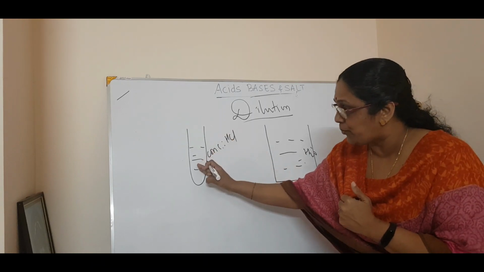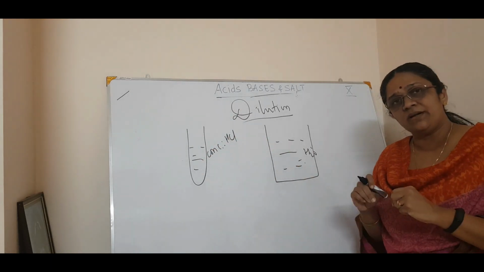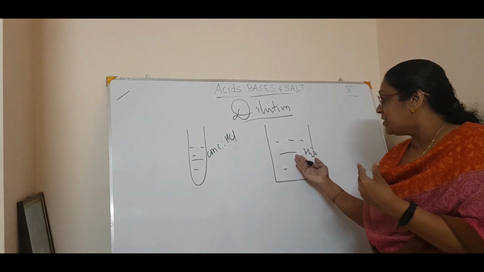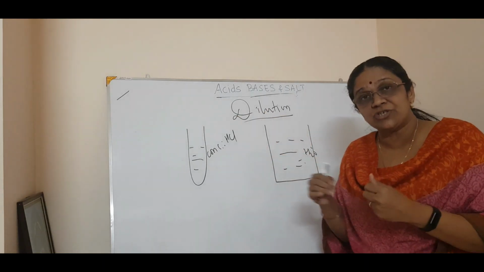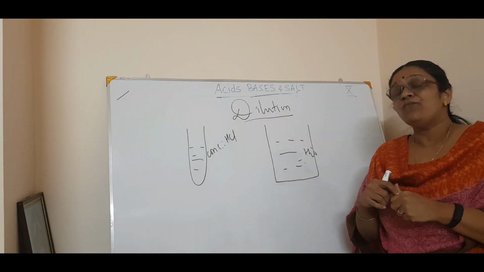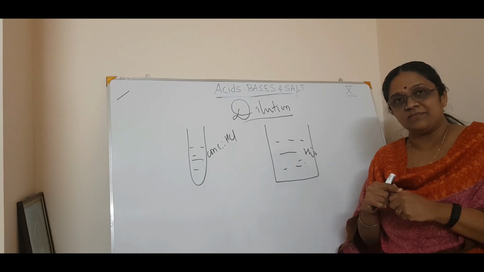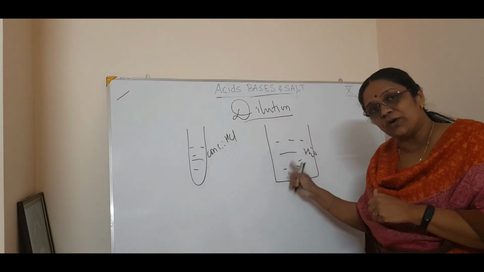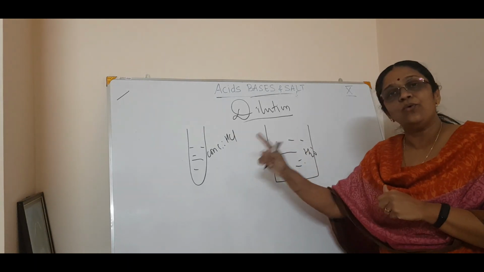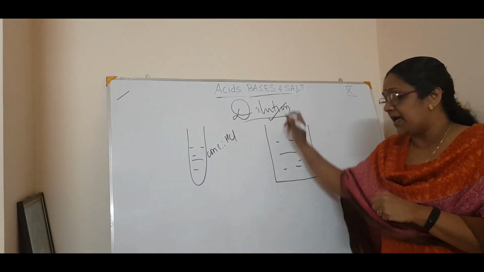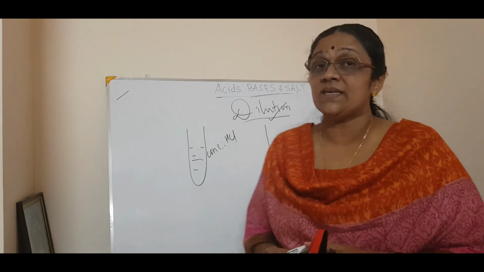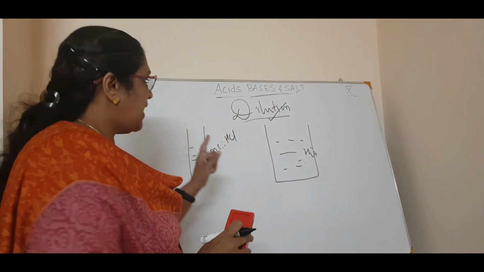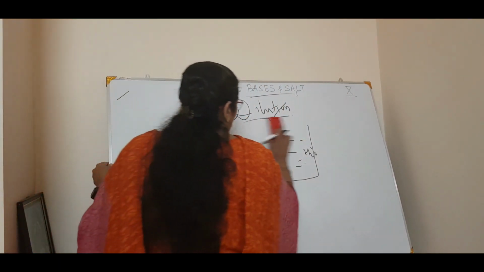Either you put the acid into water and dilute it, or you pour the water into the acid, and dilution still happens. But what is the correct option? Now we will see what happens when we put acid into water or water into acid.